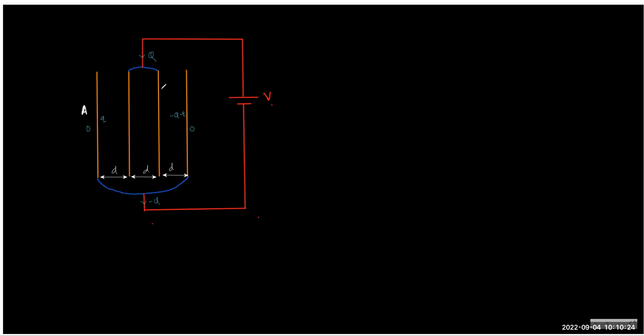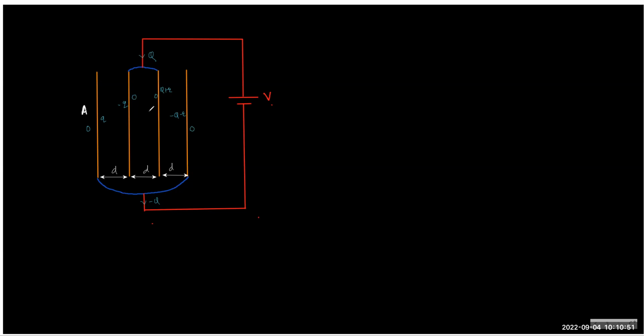So the facing will have plus Q and minus Q. The only thing left is, if you add these two charges, you can see it is already plus Q, which means nothing will appear here, right? Correct. So we got the distribution done.